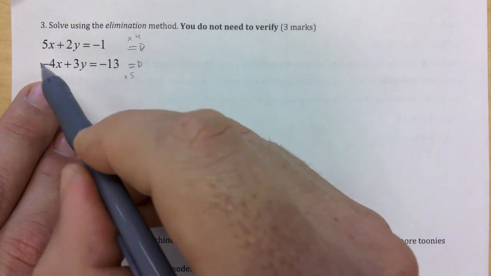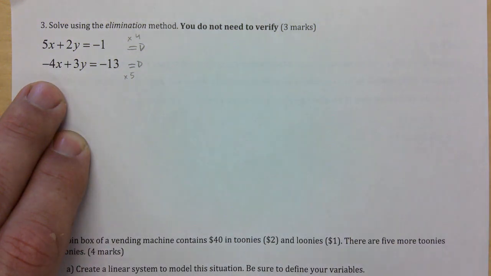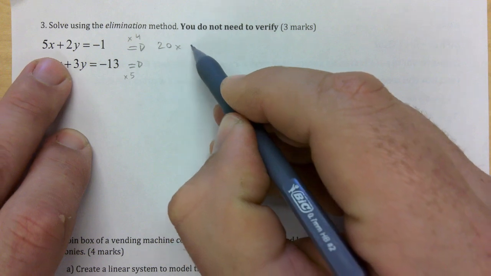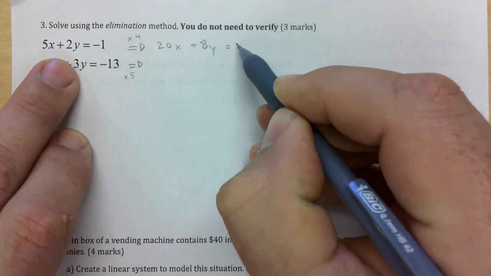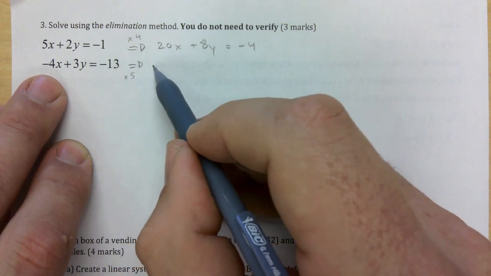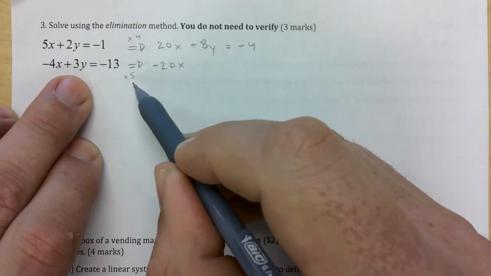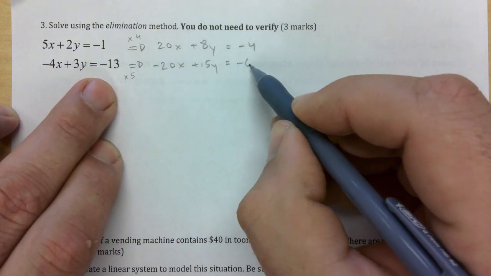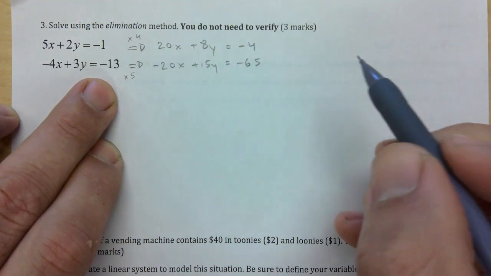And because they have opposite signs already, I won't mess with that, okay? So that's 20x plus 8y is equal to negative 4. And then it's negative 20x plus 15y is equal to negative 65, okay?